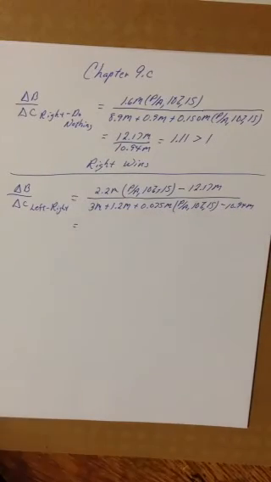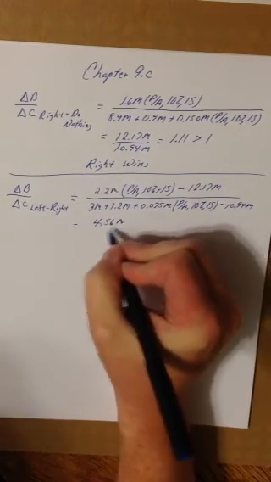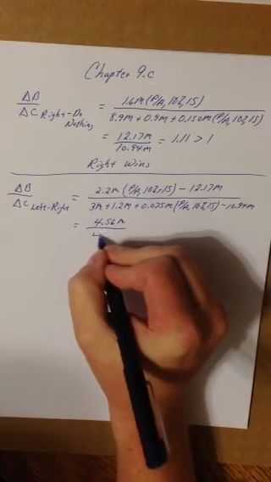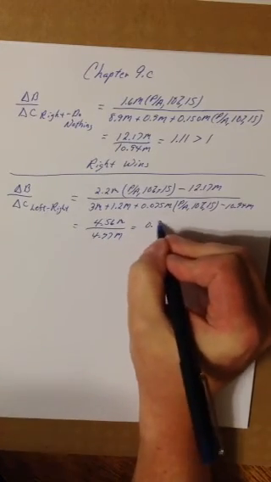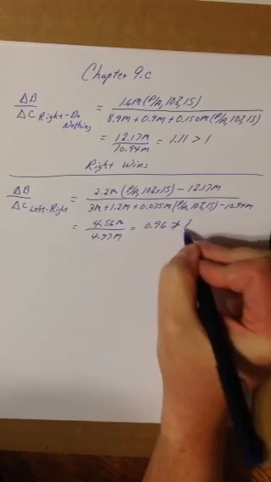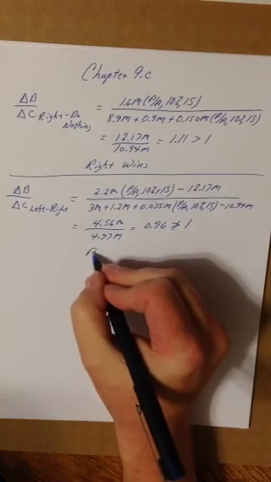What we come up with is 4.56 million in benefits versus 4.77 million in cost, which comes out to 0.96, which is not greater than 1. That means it is not worth the investment to create the left-hand turns, but to keep the right-hand turns.